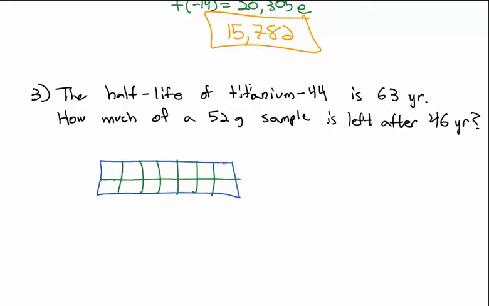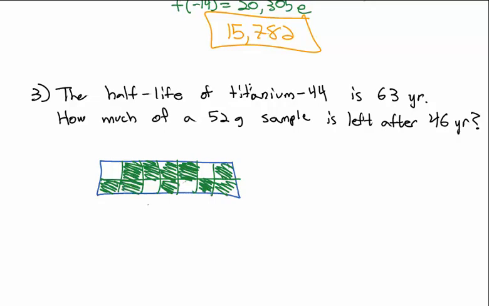What happens is there's a probability that any one of these will suddenly decay away at any given moment in time. So what happens is there's less and less titanium actually available. And the way the probabilities work out is it takes about 63 years and half of them are gone. Then it will continue to decay, and in 63 years another half of them will be gone.